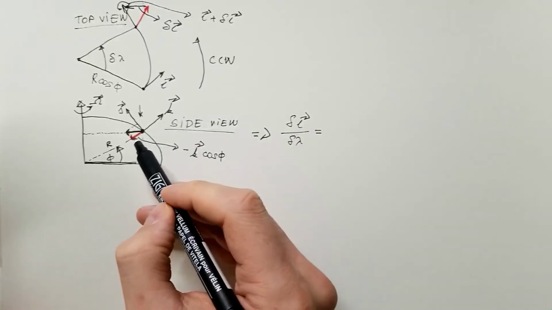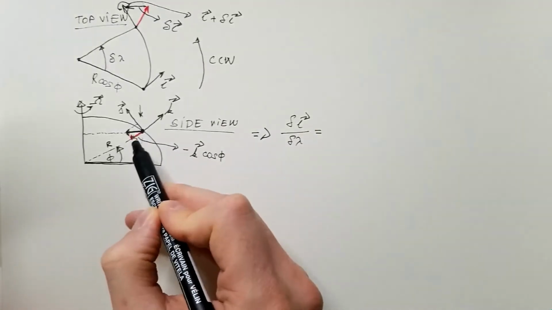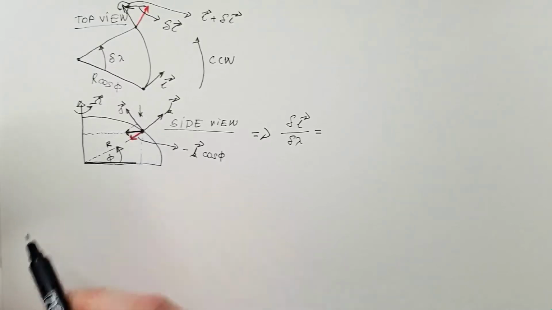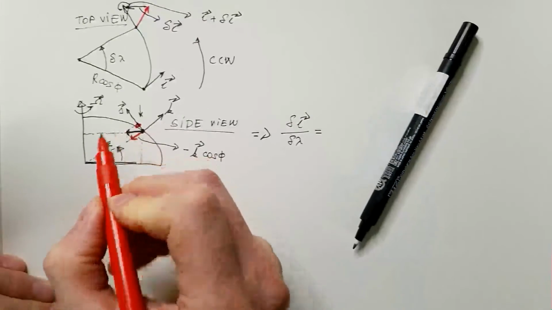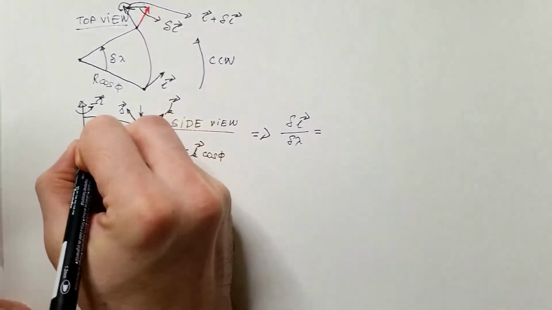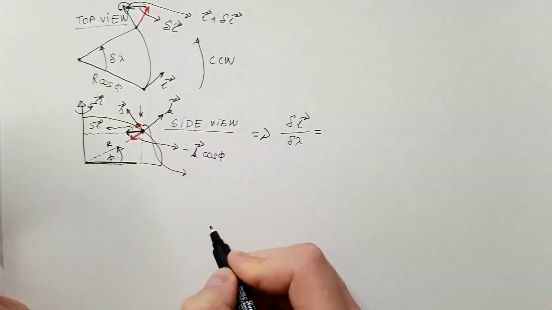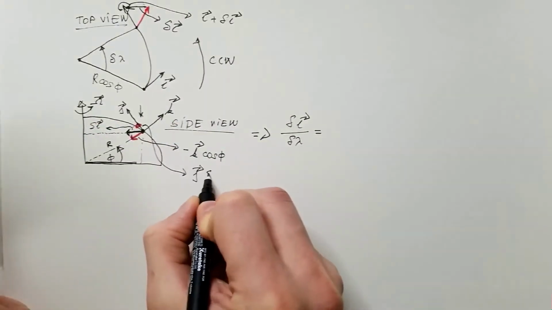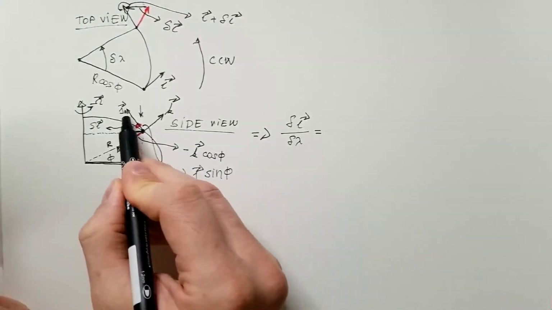Why negative k? Because it's the opposite direction of positive k, and if this is angle phi, then this is also angle phi over here. And here we have another component of this vector delta I, and this component is j sine phi. That's simple. Why positive? Well, it's in the positive direction of j.